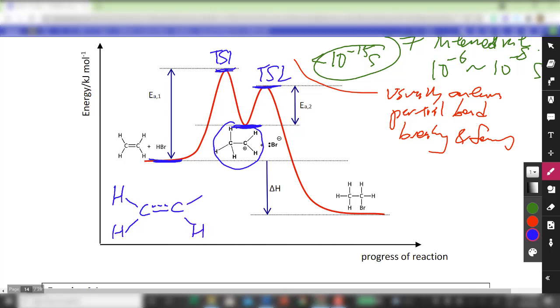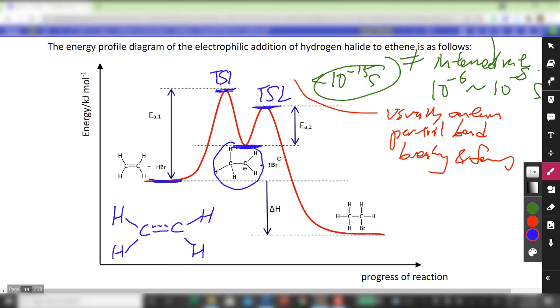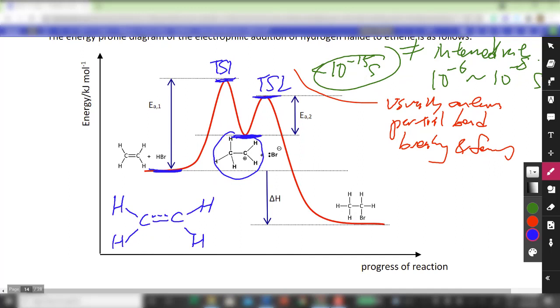That shows that the pi bond is being partially broken. Then I need to draw another dotted line to show that the sigma bond between H and carbon is being partially formed, and then another dotted line between H and Br to show that the sigma bond between H and Br is partially being broken.